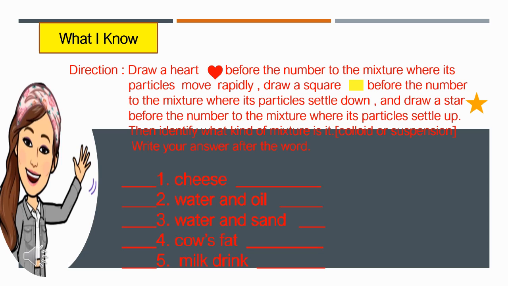And draw a star before the number of the mixture where its particles settle up. Then identify what kind of mixture it is, if it is colloid or suspension. Write your answer before the word. Did you get it, class? Very good.